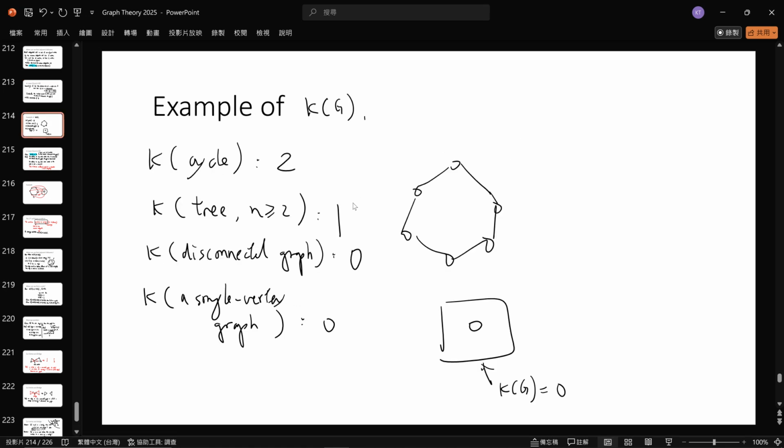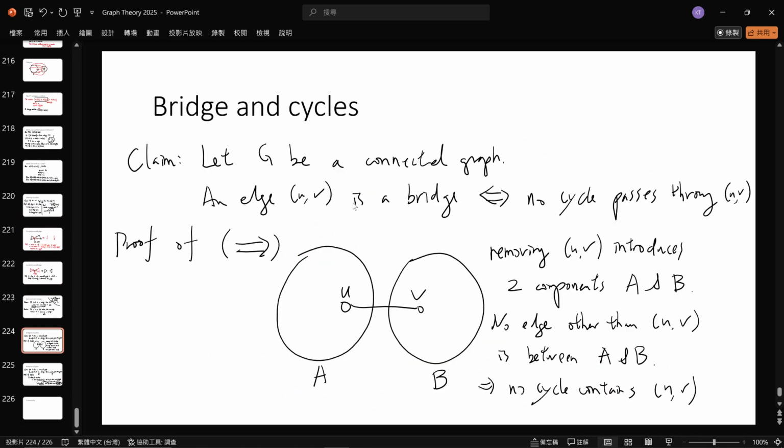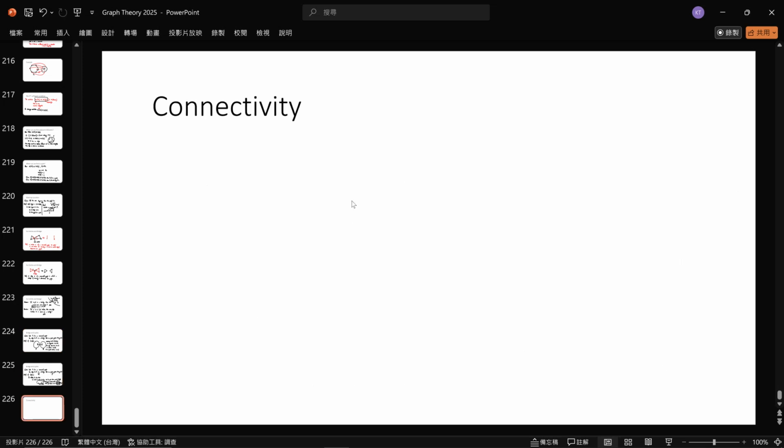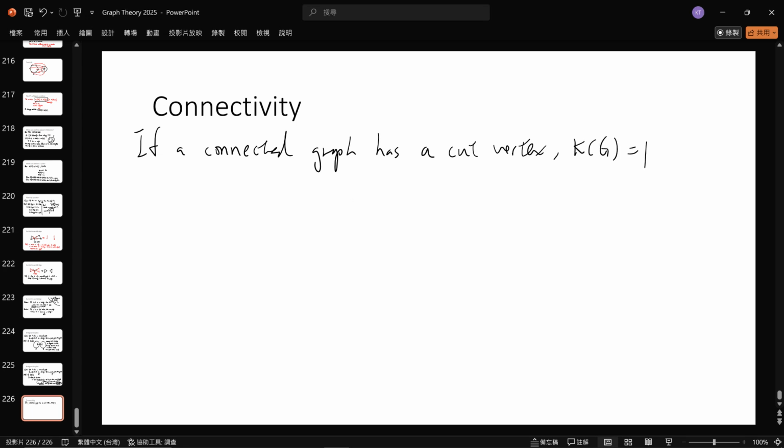So if a connected graph has a cut vertex, we know that the connectivity must be 1.